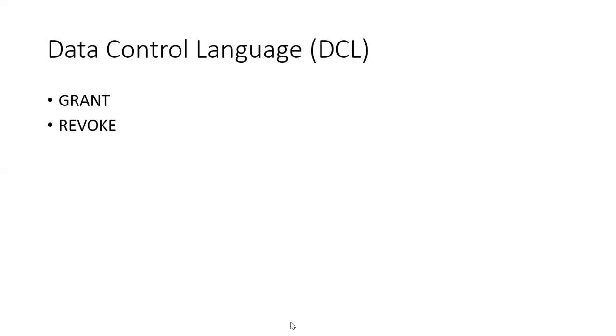So the database administrator can control what different users can do in the database by using these commands, grant and revoke. So in short, revoke is just to revoke permission. Yes, to revoke permission.